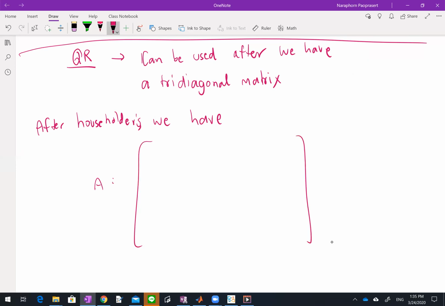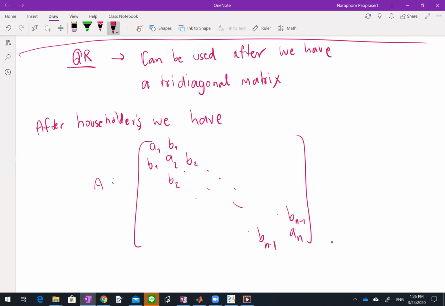So A1, A2 up until An on the diagonal line, and then I'm just gonna call B1, B2 up until Bn minus 1 on the off diagonal line.